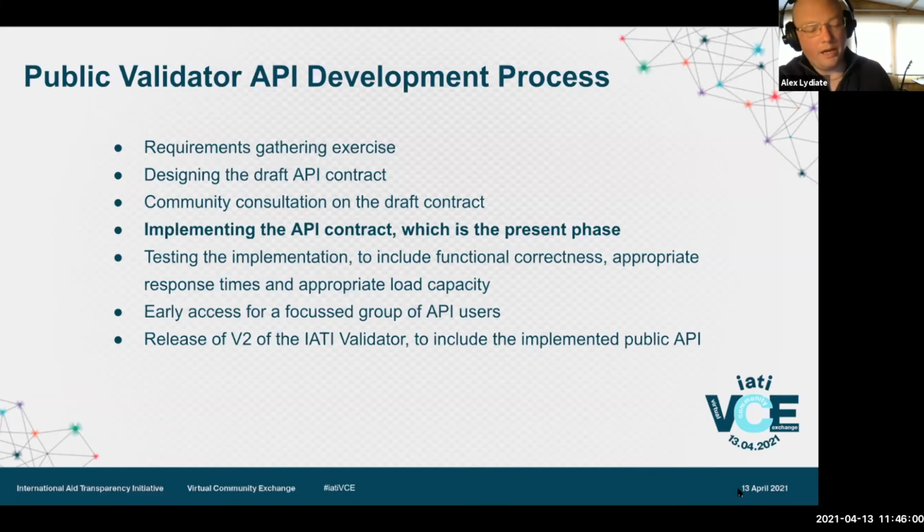And then just quickly, I'd like to say where we'll go from here. Once we've implemented the contract and we have a working API, we will move on to testing it as rigorously as we can, to include functional correctness, of course, so that we're assured that it provides its side of the contract. Also that it does so within appropriate response times, especially with the second route.